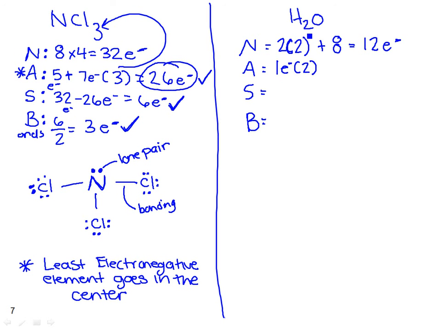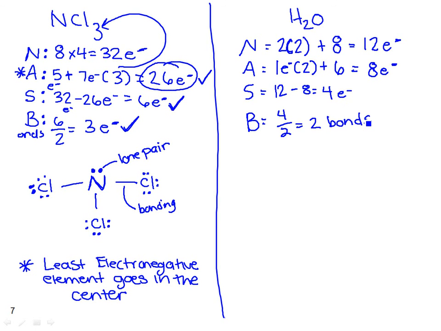So this 2 comes from the 2 in our formula. And then oxygen is in group 6, and so it has 6 valence electrons. So if we take 12 minus 8, that gives us 4 electrons and 2 bonds.